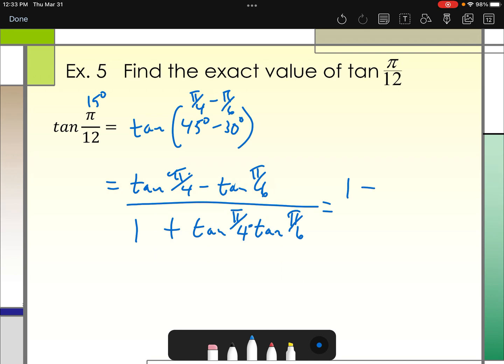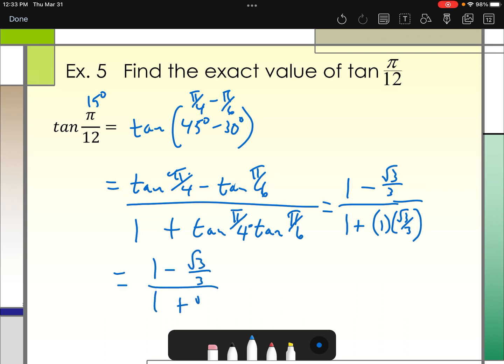All right, so here we go. The tangent of pi over 4 is 1. Now the tangent of pi over 6 is this ugly radical 3 over 3, if you recall. And then we're going to take 1 times radical 3 over 3 and get that. Now, technically, this, I think, is okay, but that is ugly.